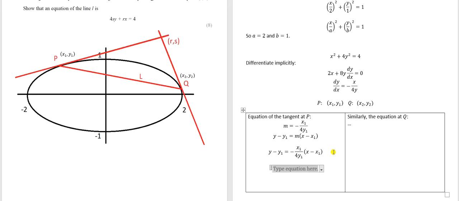We know two things about a line which is tangent to the ellipse. One is that it shares the same gradient. We've used that idea already. The other is that at the point that it touches, that point is on the ellipse. So in a sense, we've got the equation of the ellipse to fall back on.